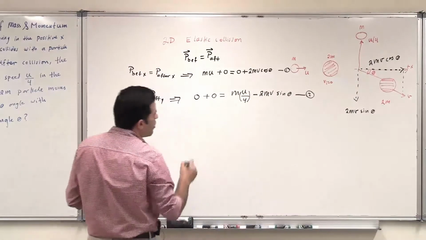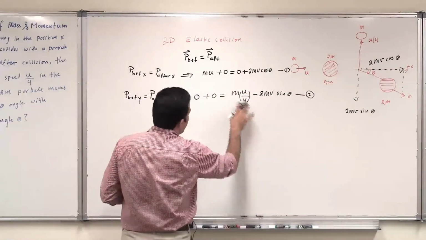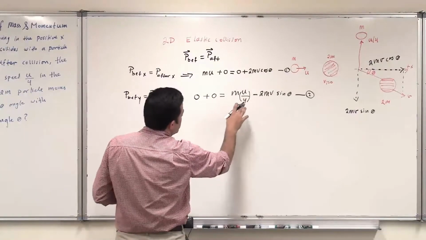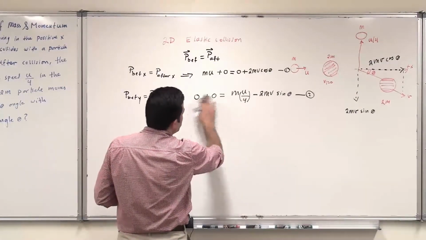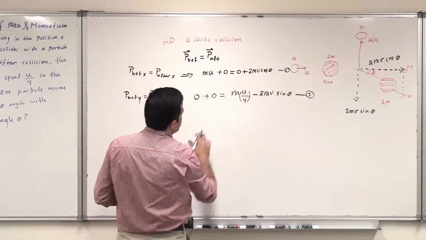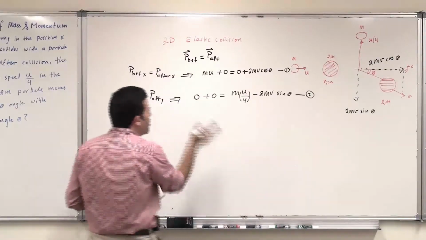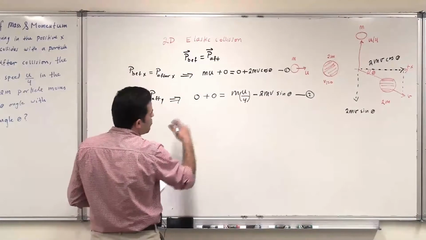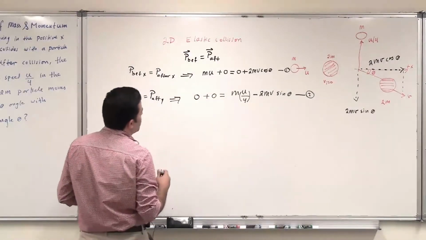Now clearly we're looking for angle theta, and we don't know the masses, we don't know u, and we don't know v, so we can think about dividing one equation by another equation to get rid of those common parameters.